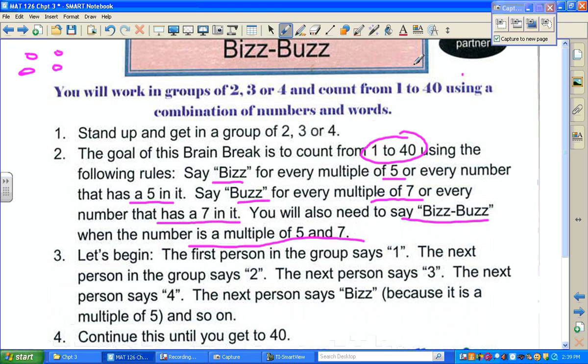There you go. But it has a 7 in it. Keep going.